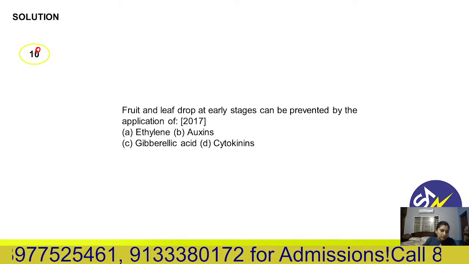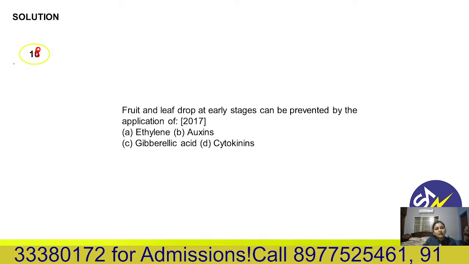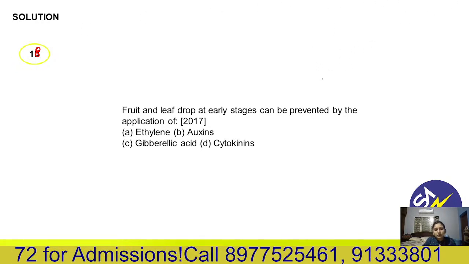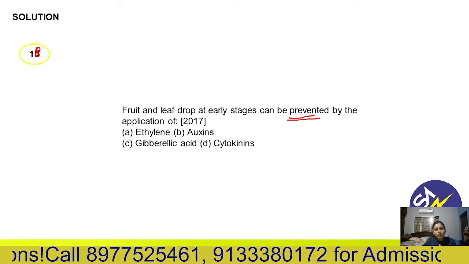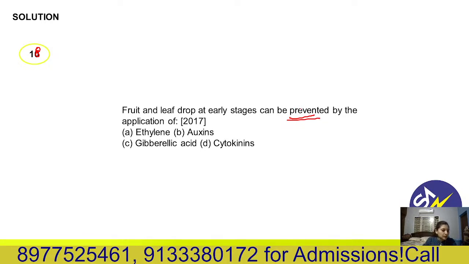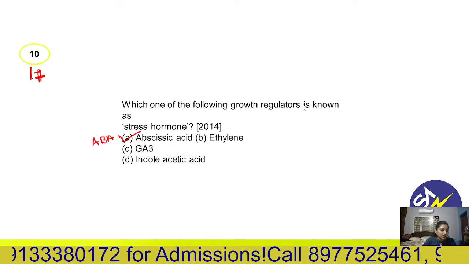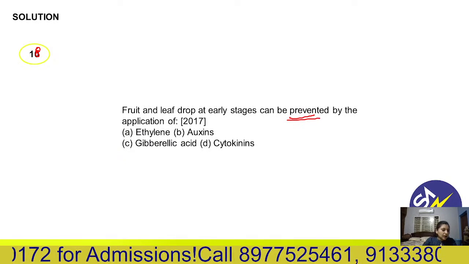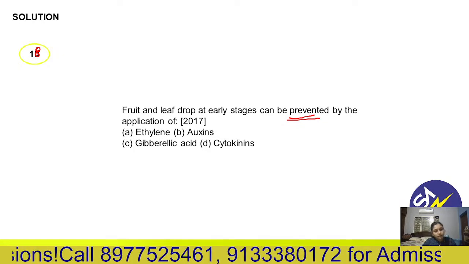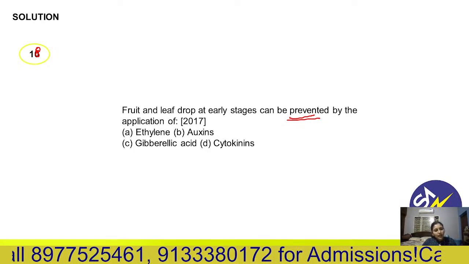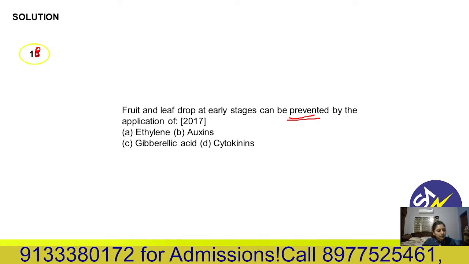Then the last, 18th question. Fruit and leaf drop at early stages can be prevented by the application of ethylene, auxin, gibberellic acid or cytokinin. Yes, Niharika, 17th A is correct. Now the 18th question, I'm waiting for your answer, Niharika.